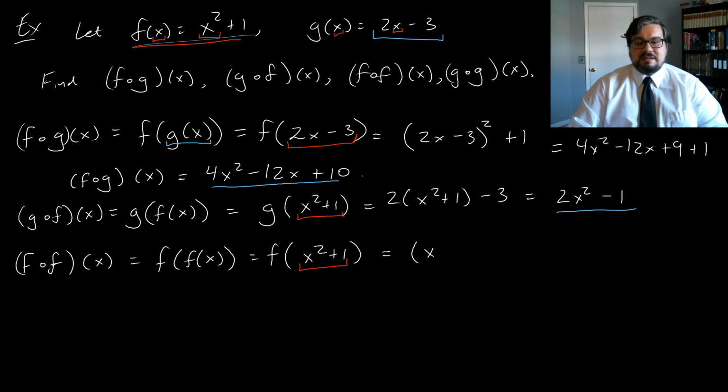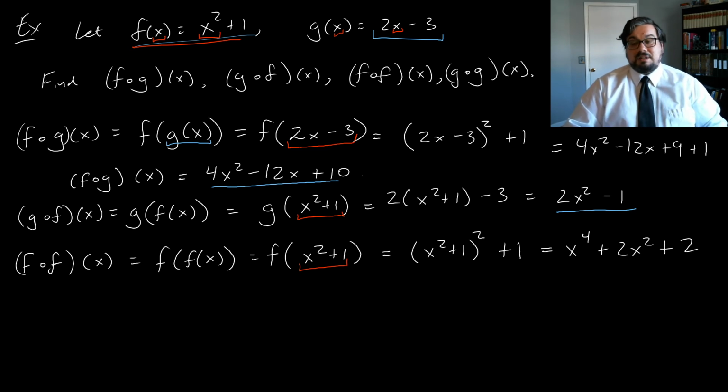So this is going to give us x squared plus 1 squared plus 1. So from here we can expand this out. We'll get x to the 4th plus 2x squared, plus 2.